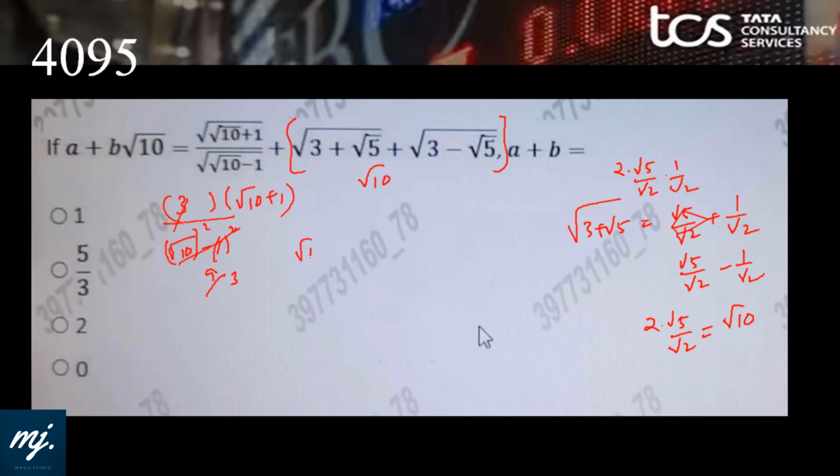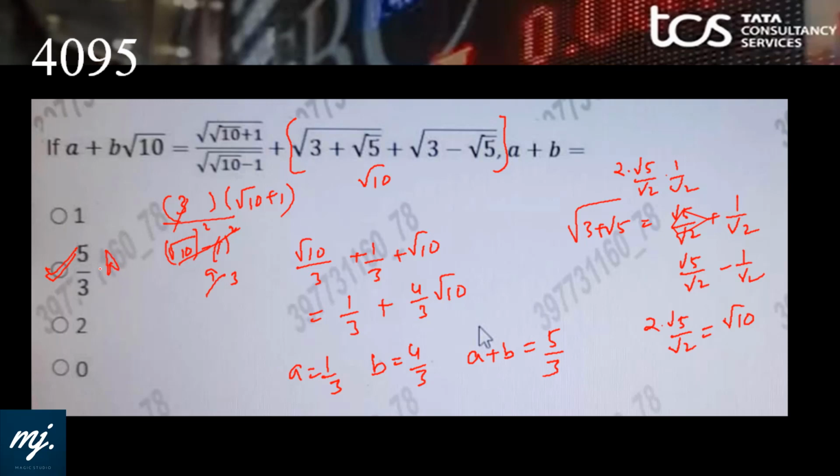Then it would be root 10 by 3 plus 1 by 3 plus root 10, which can be written as 1 by 3 plus 4 by 3 root 10. If I compare this with a plus b root 10, we get a equals 1 by 3 and b equals 4 by 3. Therefore, a plus b is 5 by 3, and that is option B.